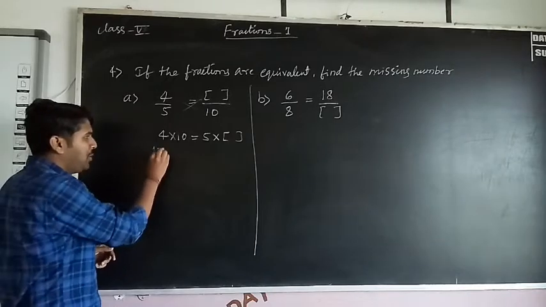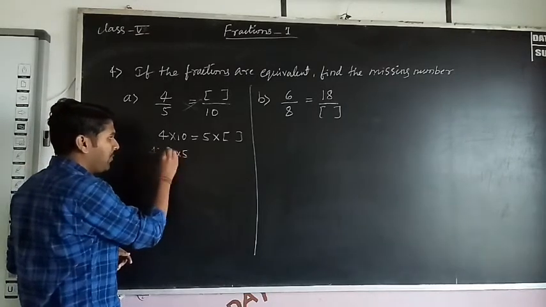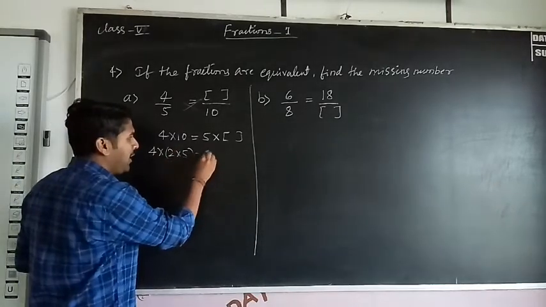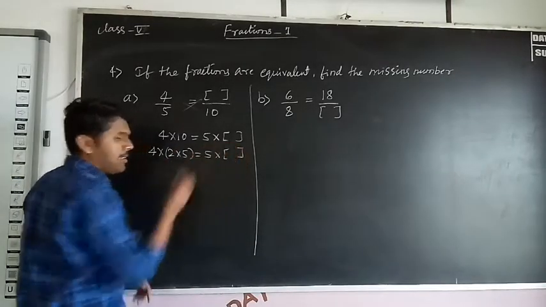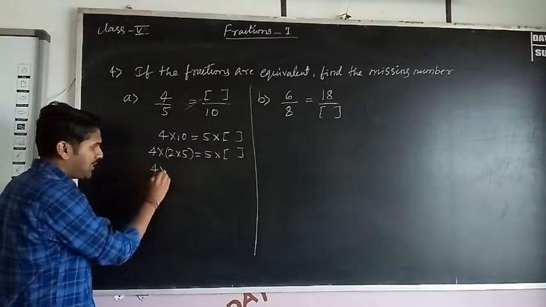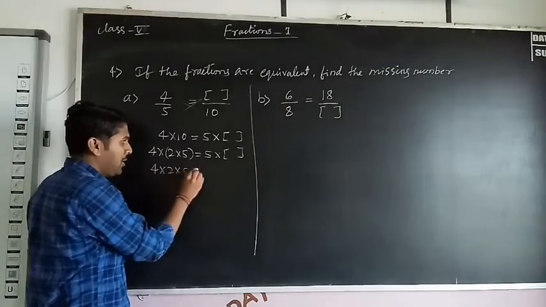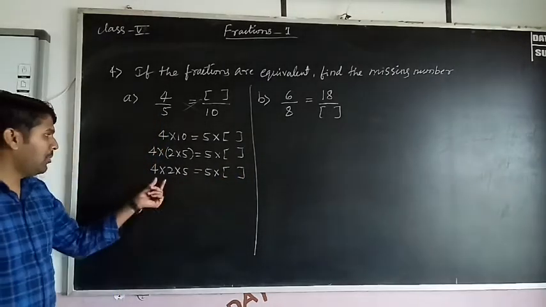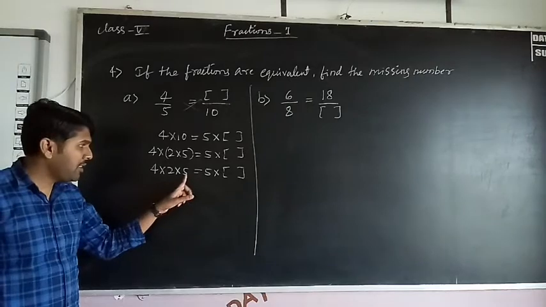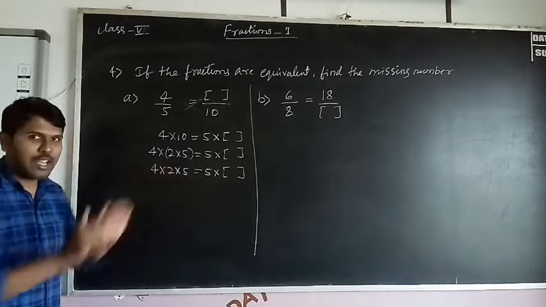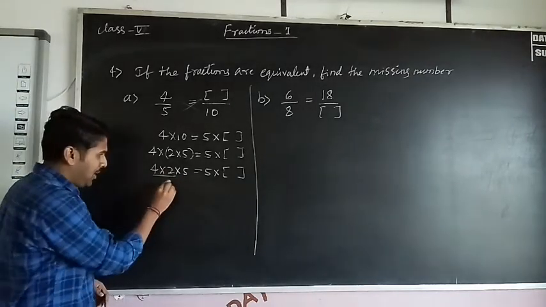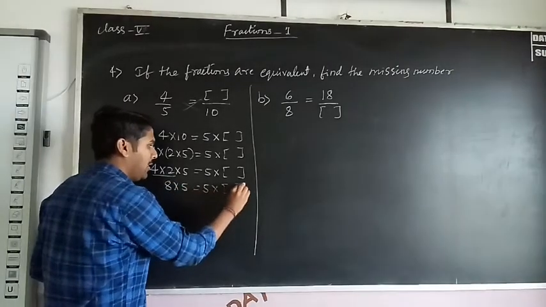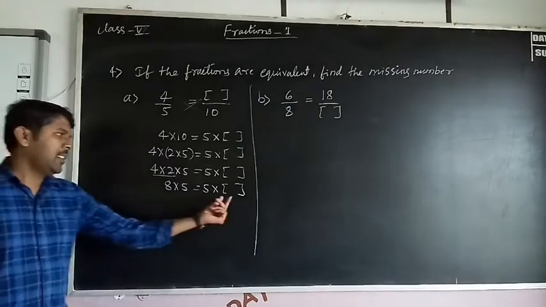So 4 into 2 into 5 equals 5 into the bracket. Now multiply these two. Because here 5 is there, here also 5 is there, leave it as it is. Just multiply these two, 8 into 5 equals 5 into the bracket. So you can get the missing number.